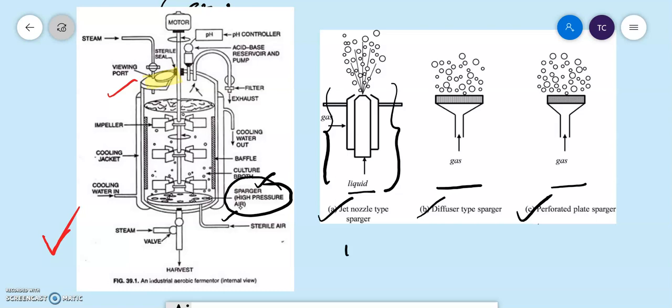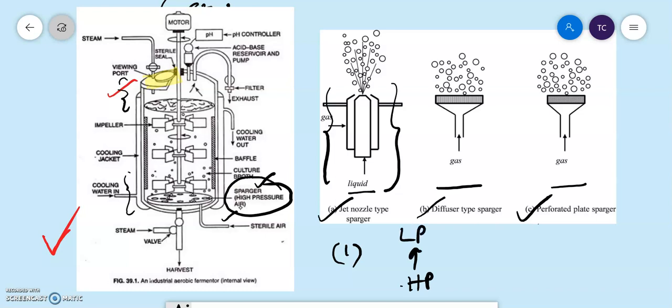The first reason: when you are incorporating air with a high pressure, there is a high pressure zone at the bottom where the air is entering. On the other hand, at the top of the fermenter, there is a low pressure zone. So the air will move from the high pressure zone to the low pressure zone until the pressure equalizes.